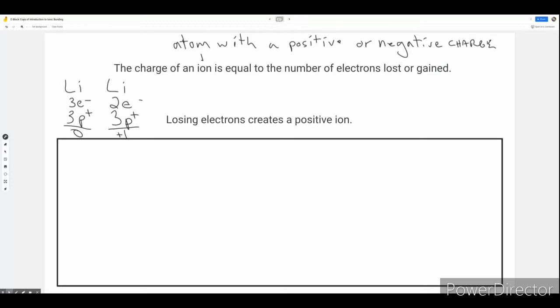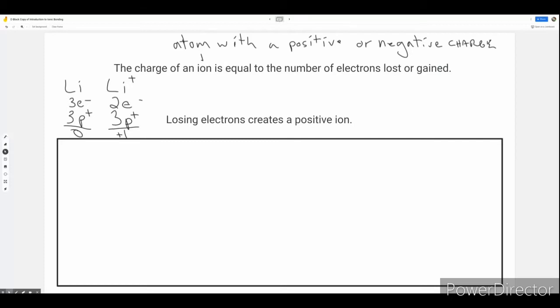So that lithium atom is now a lithium ion with a positive charge. The way I always remember it is, losing an electron, you're taking away a negative, you're subtracting a negative, which creates a positive. Just thinking about it in terms of the math that way helps me.